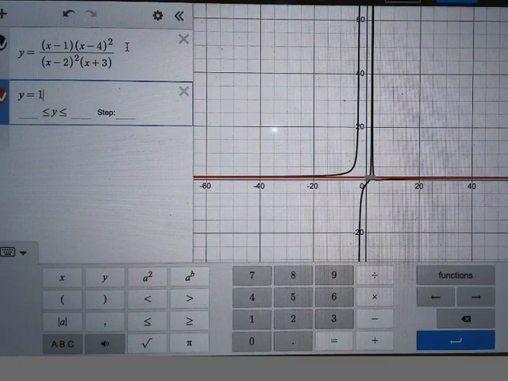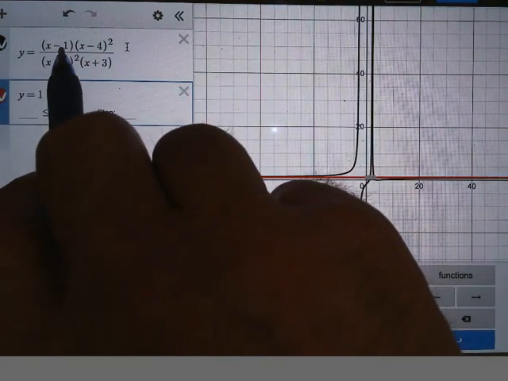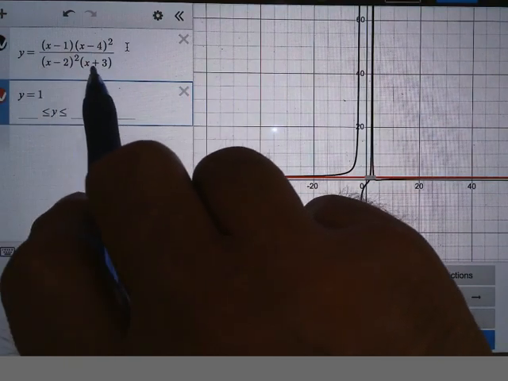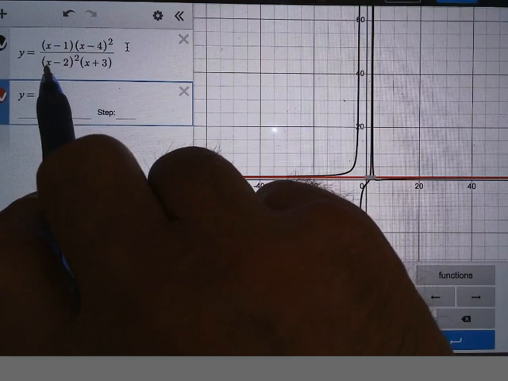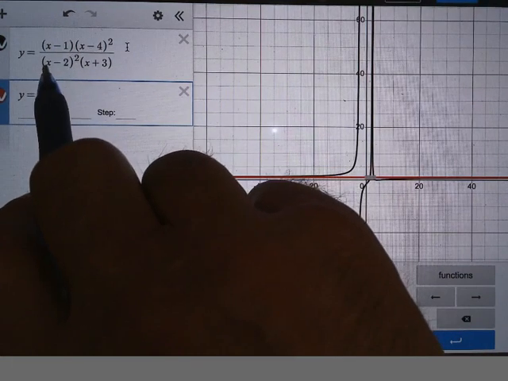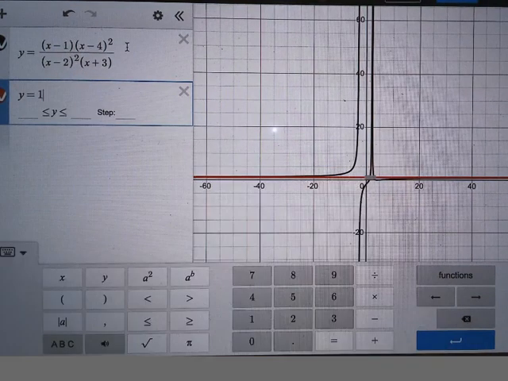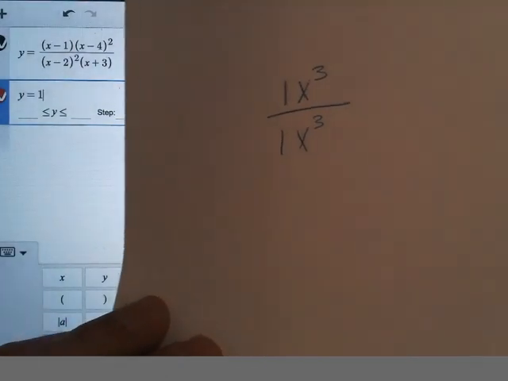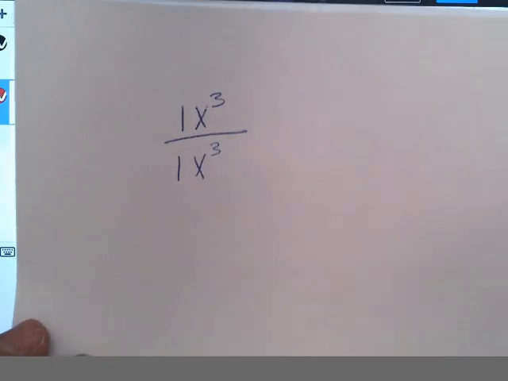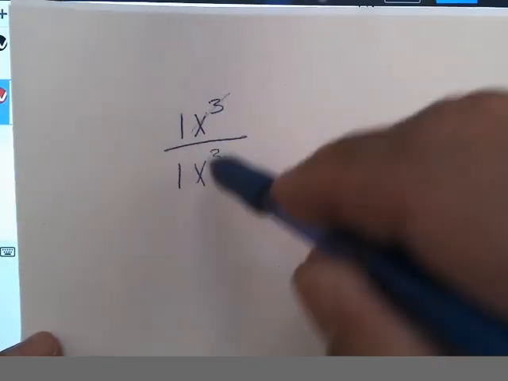Okay, 1x to the third. The leading coefficient on the denominator, let's see, we'd have x twice, so x times x times x. That's 1x to the third. And it's the strongest term that controls what happens. Well, the x to the thirds would cancel.